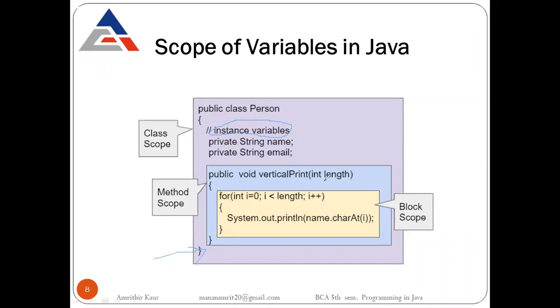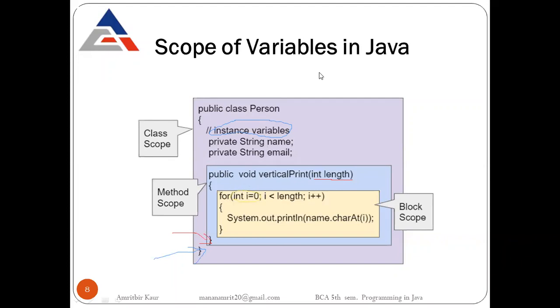So here we are defining a variable inside the function, int length. The lifetime of the length variable will be till this curly brace. When control comes to this curly brace, the length variable will be destroyed and its lifetime will be ended. Here in the for loop, we use another variable, int i.